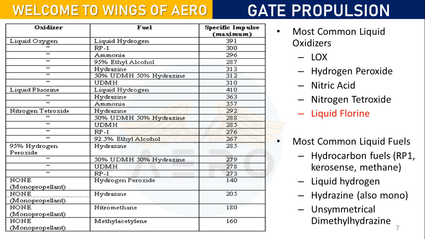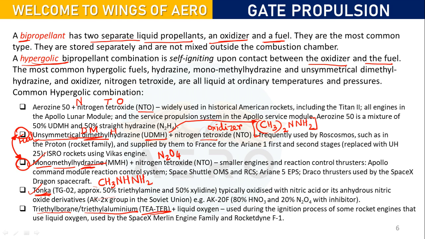Triethyl boron and aluminium: because it is boron, it will be slightly less toxic.